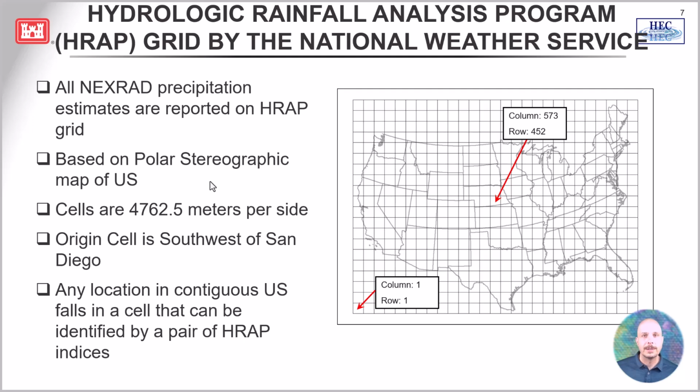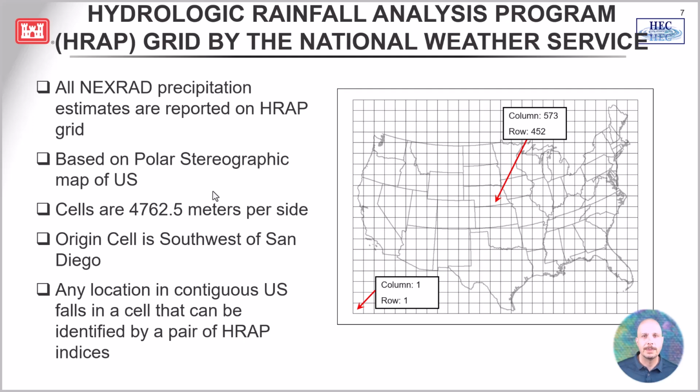Now let's talk about the supported coordinate systems for gridded data in HEC-DSS. First, the National Weather Service's products, especially precipitation data, typically use an HRAP coordinate system. That stands for the Hydrologic Rainfall Analysis Project. HRAP grids are based on the Polar Stereographic Coordinate System with grid resolution of approximately 4,000 meters by 4,000 meters.